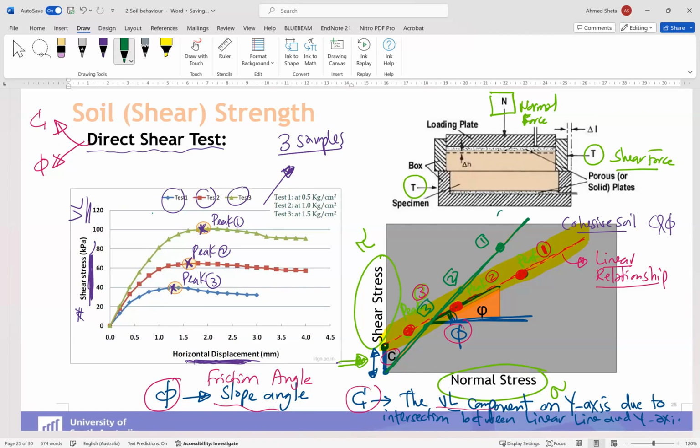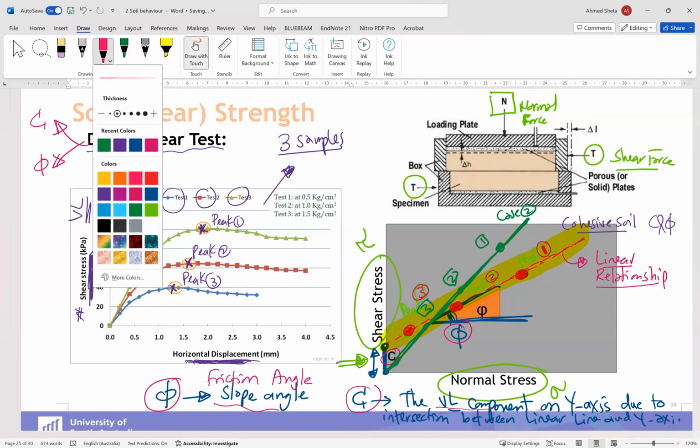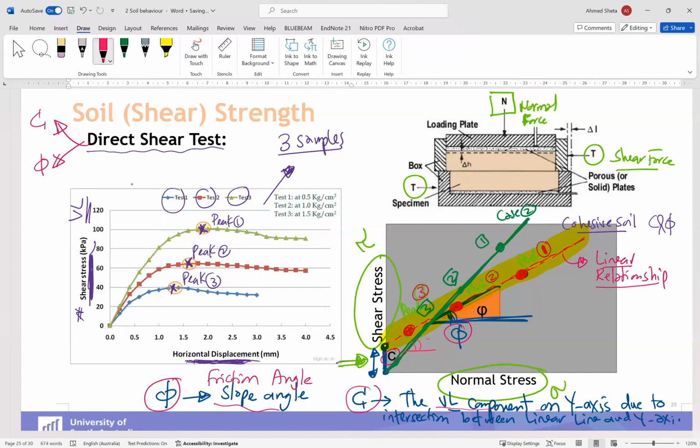If you look at case 2, the green one here, what you will notice is that we will have phi, but this line will intersect at the 0,0 point. So if we look at this case, we will have a value of phi, but C is 0.